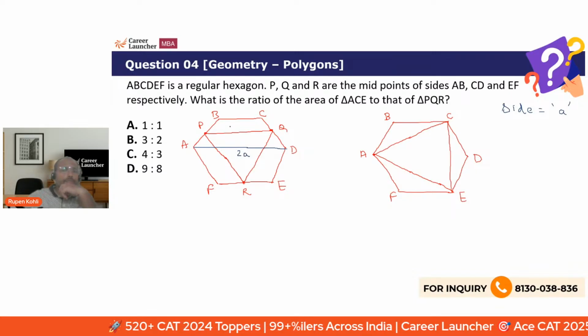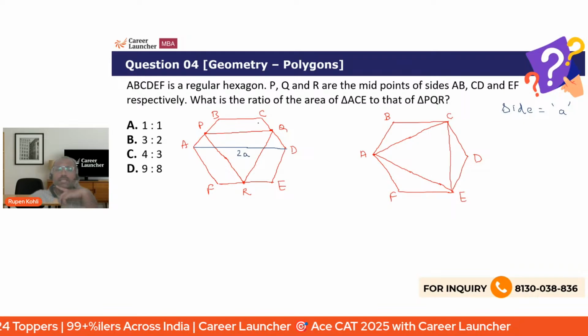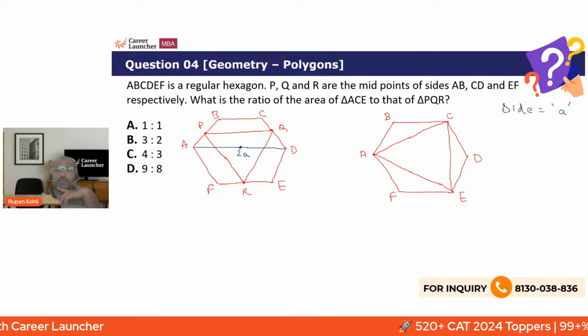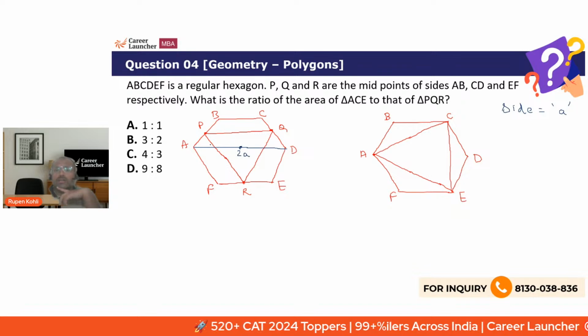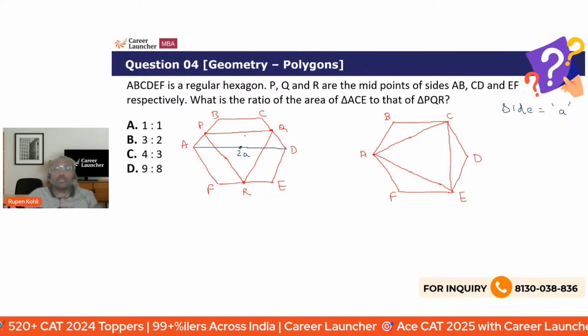If I had joined the center of the hexagon to each of the vertices, then it becomes very clear that from this center to this point is the side, because if you join B to the center, you would get an equilateral triangle, right? As we know that a regular hexagon is 6 equilateral triangles.